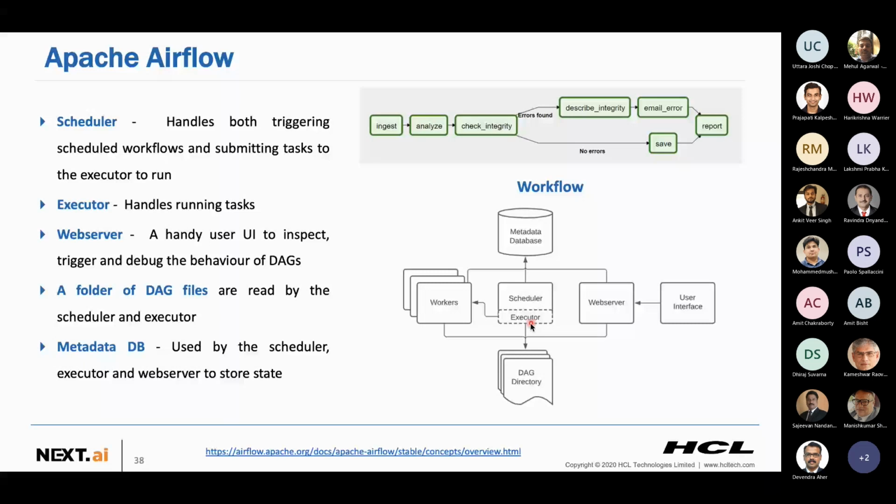It has a user interface, so whenever a user triggers a particular event on the web server, the web server would further send this information to the scheduler. The scheduler would take up all the DAG information that has been mentioned at the top, and send it to the executor. All the metadata information is stored in a database, which the scheduler has access to.